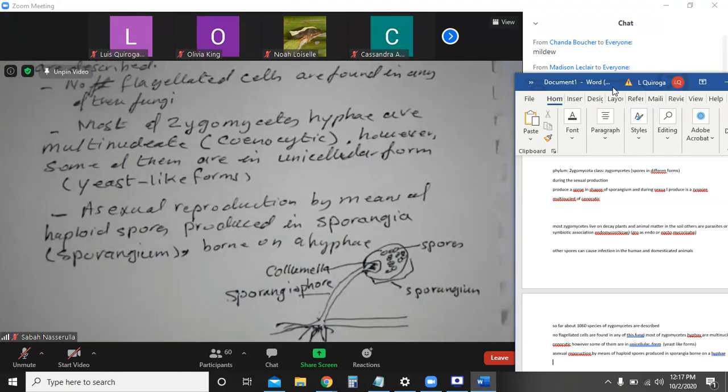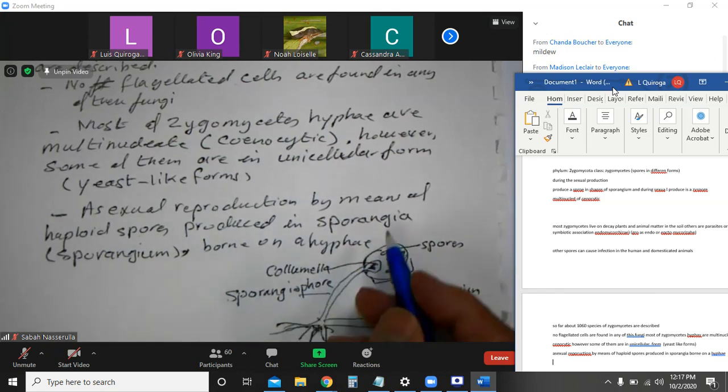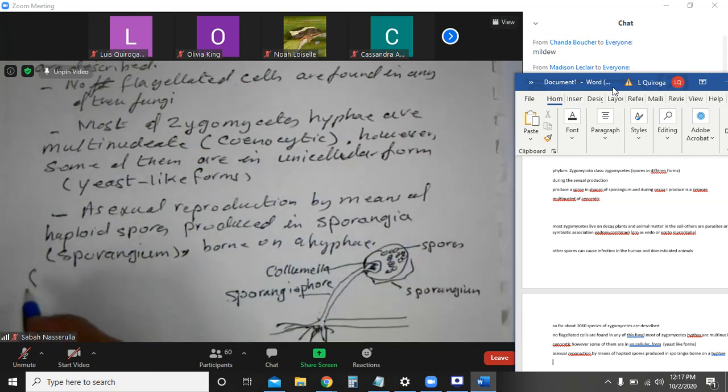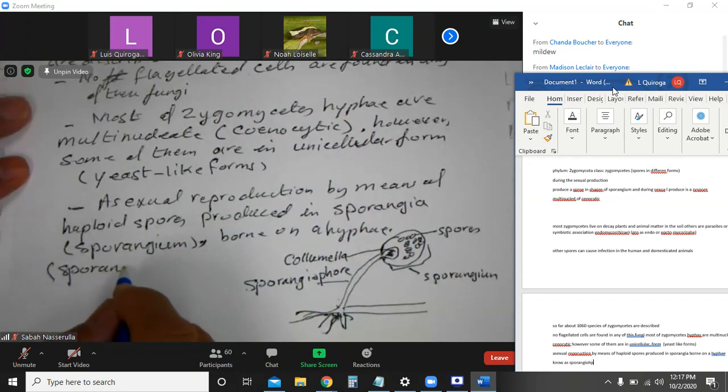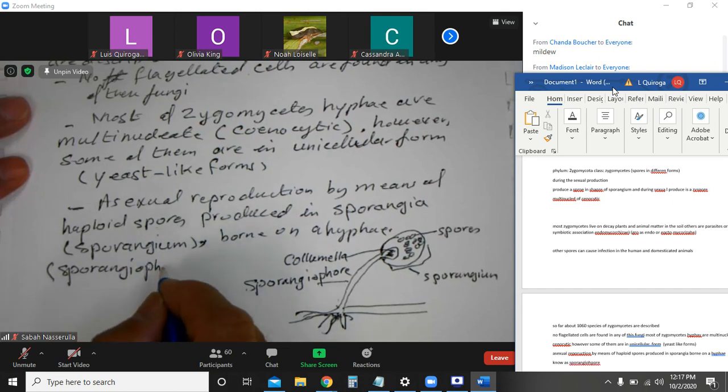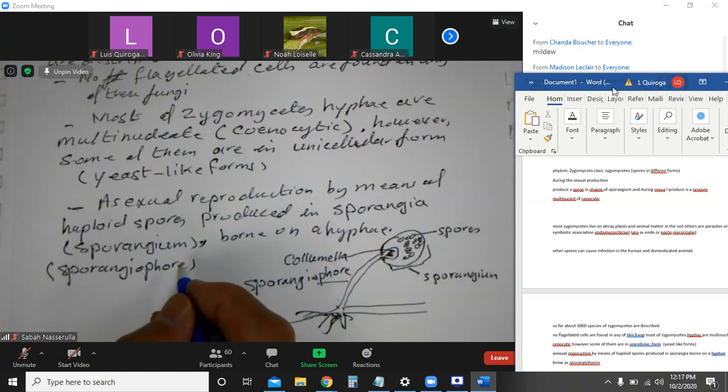So asexual reproduction is by means of haploid spores produced in specialized sporangia, which I mentioned, born on a hyphae known as the sporangiophore.